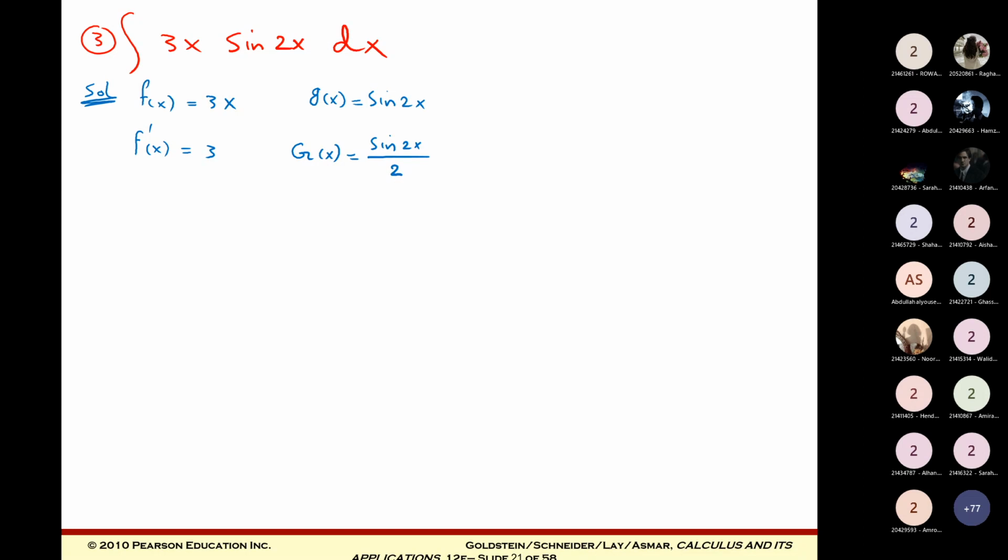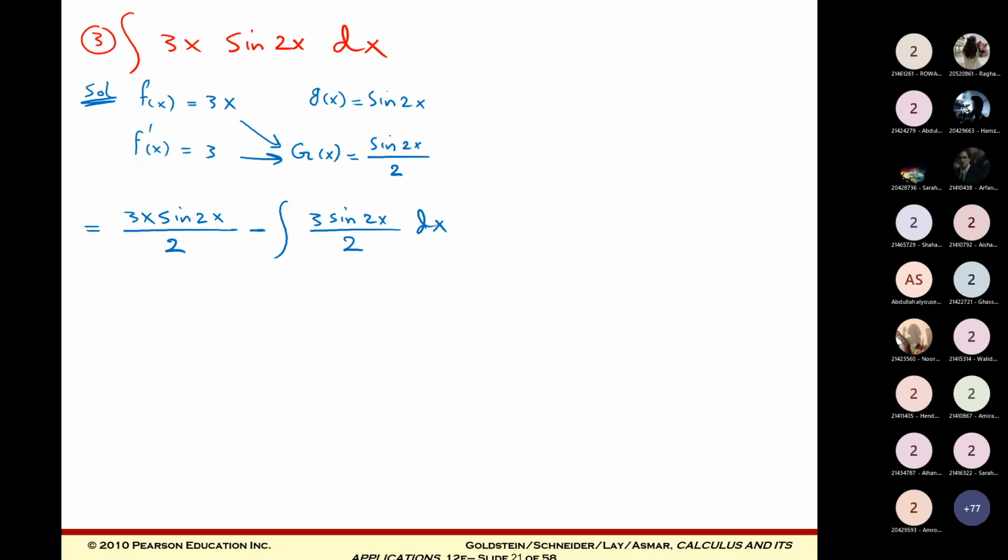Now f multiplied by g, so we have 3x sine 2x over 2 minus the integral of f prime multiplied by g, that equals 3 sine 2x over 2 dx. Okay.